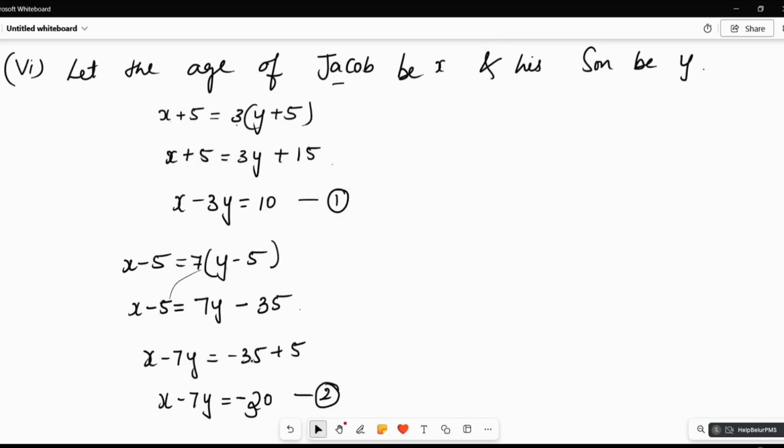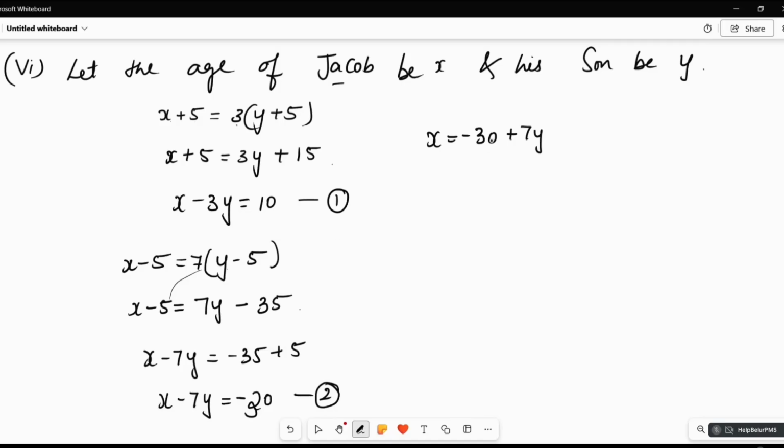Now find x and y. So I can write x is equal to minus 30 plus 7y. So instead of x, put minus 30 plus 7y, substitute, and find the value.